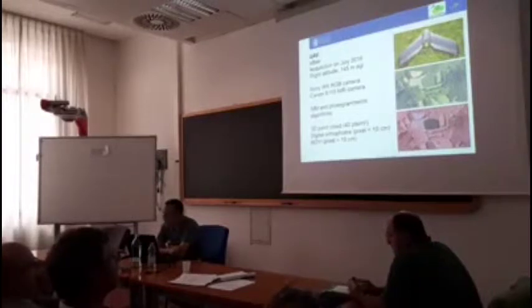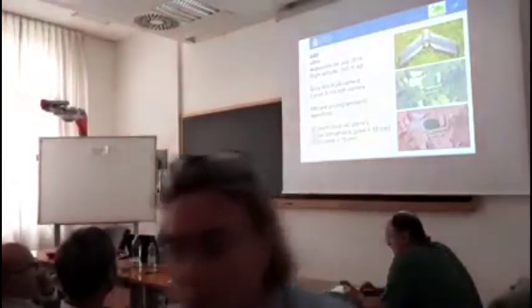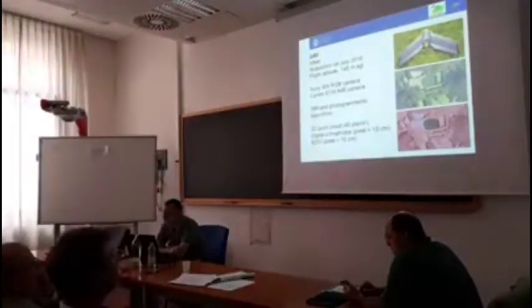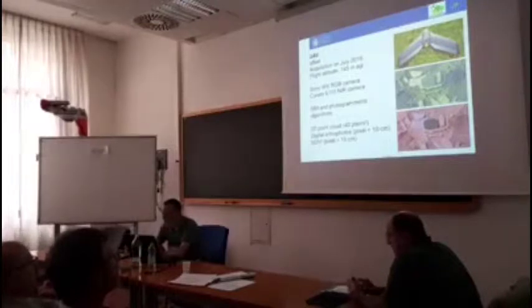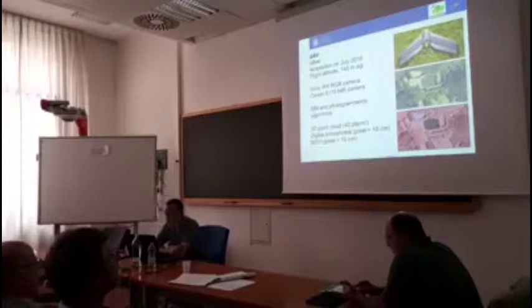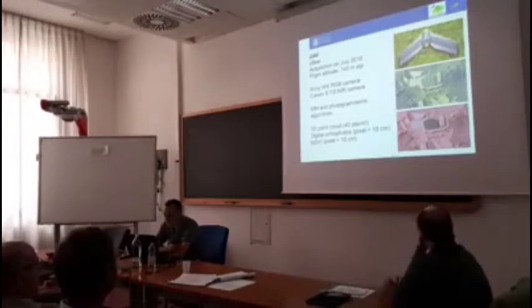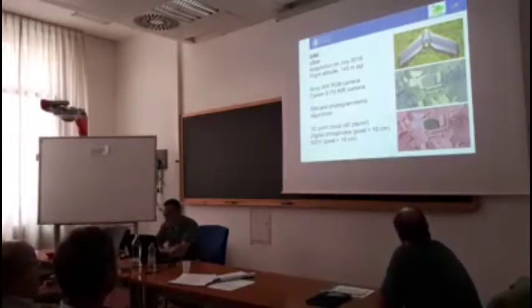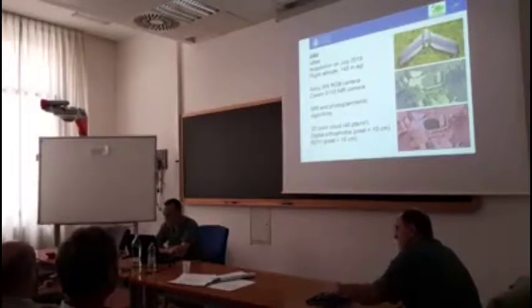Then the images taken by the drone were preprocessed using the Agisoft PhotoScan software, applying the structure from motion photogrammetric algorithms, in order to create a 3D point cloud with a point density of 40 points per square meter. The ground control points were used to improve the geometry and the positioning of the point cloud.